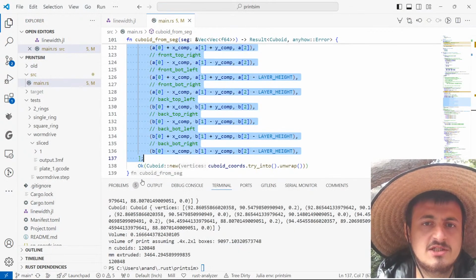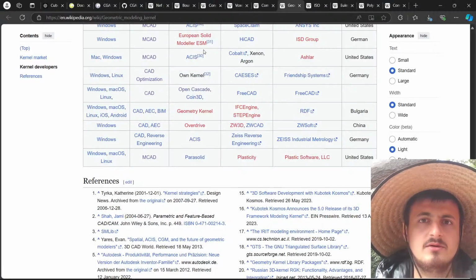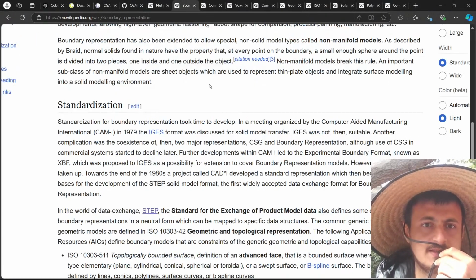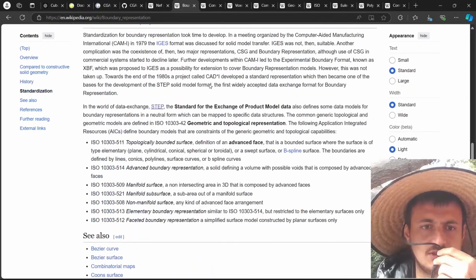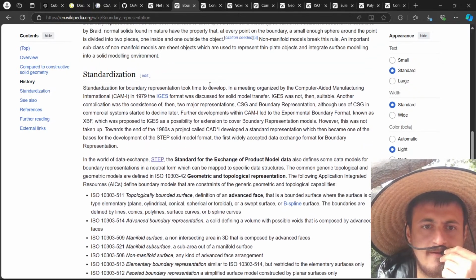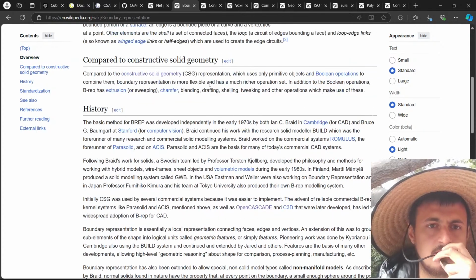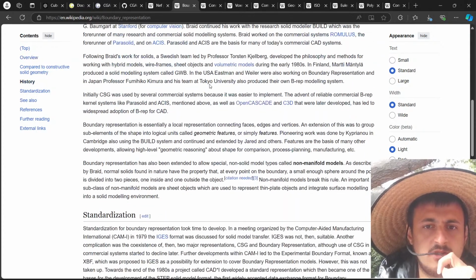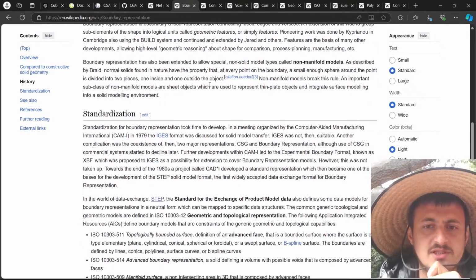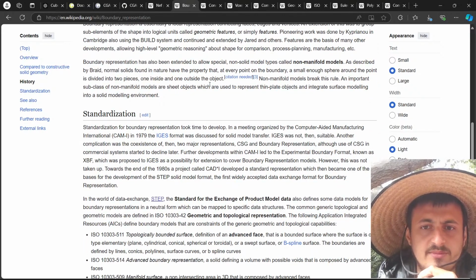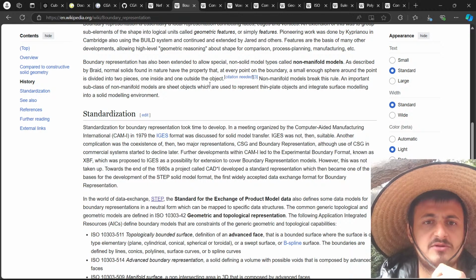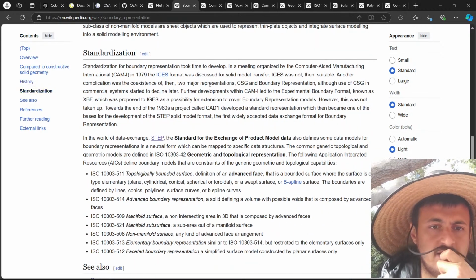Okay, wait, but I actually kind of want to keep reading about this. Oh, this is short. Surely there's academic papers that explain how to implement a basic boundary representation CAD kernel, right?